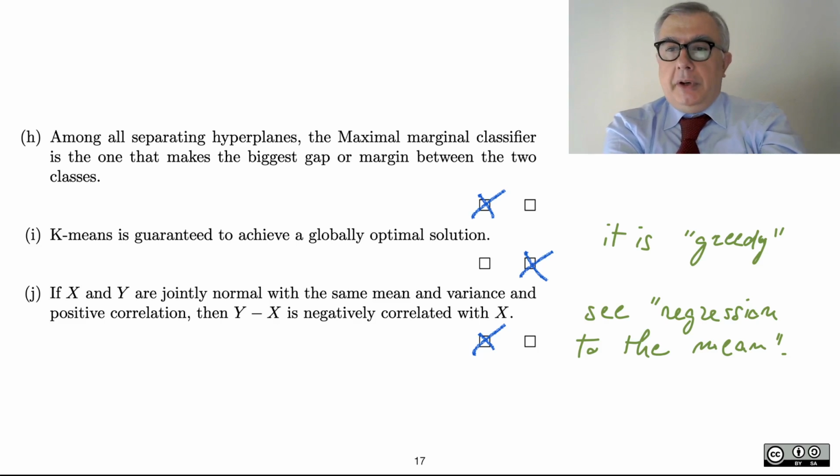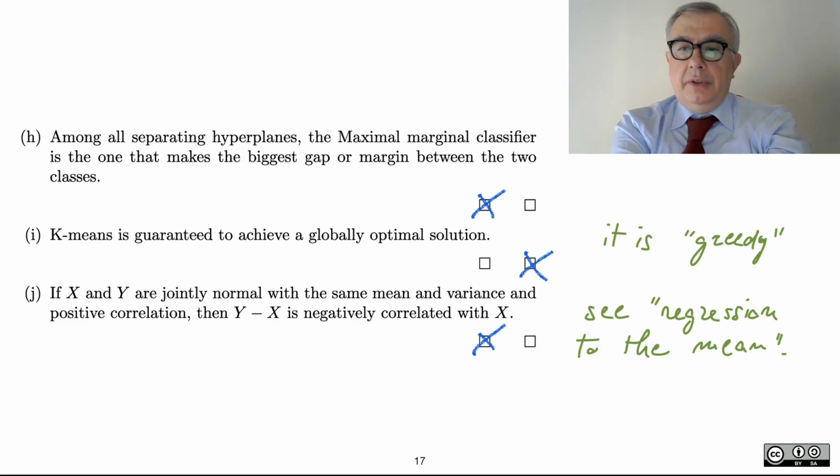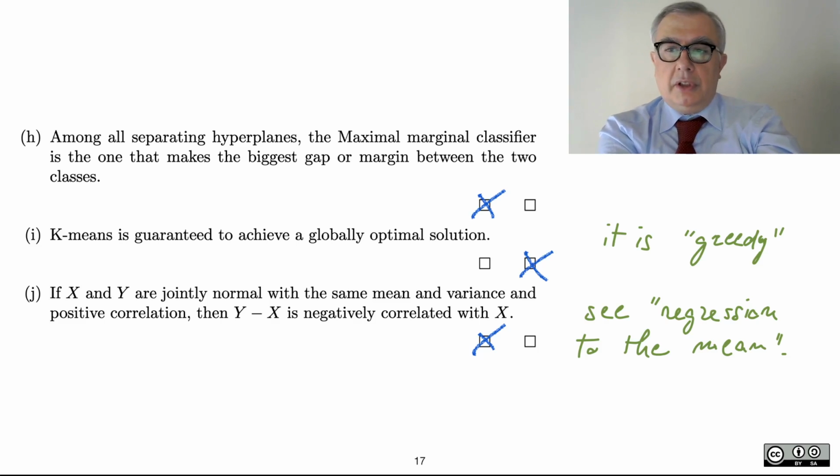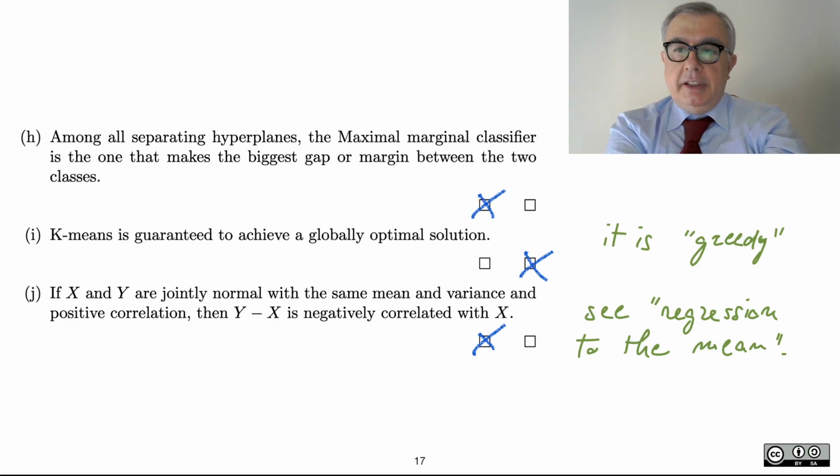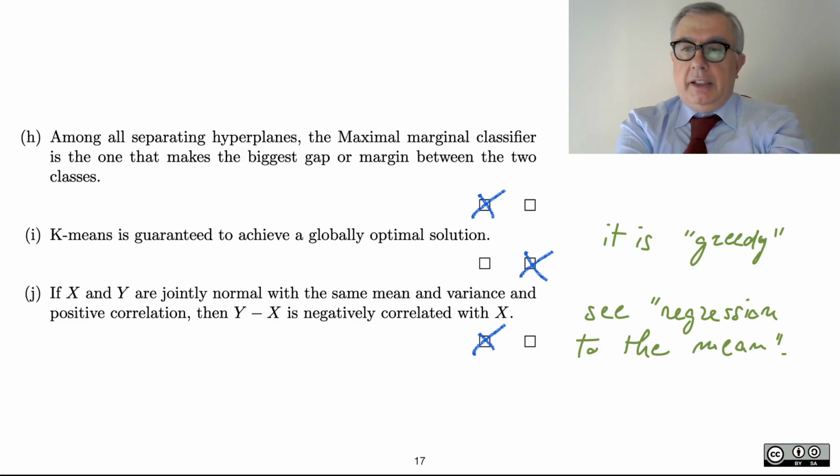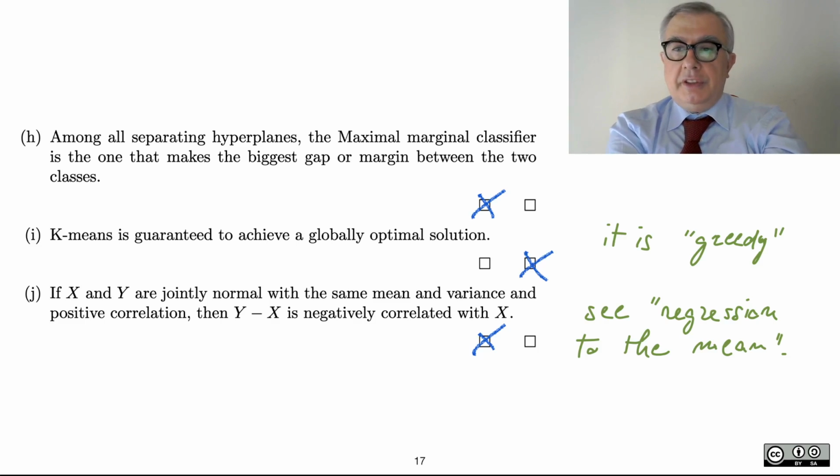Okay, at this point you are computing the difference, so you are asking, what happens if I had a student with a good score in the first test, which is x, then I look at y minus x, that is the improvement, and it happens, we demonstrated this, that under the given assumptions, the students that had the best results in the first test are more likely to have a negative improvement.